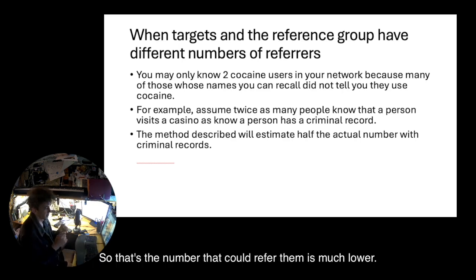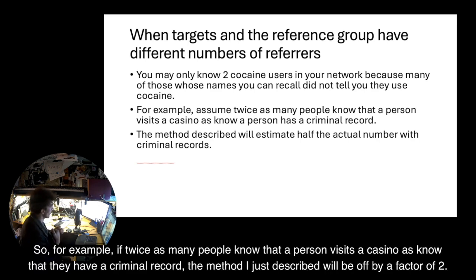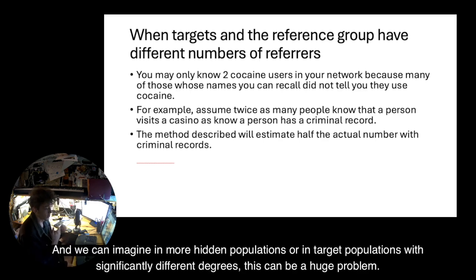So the number that could refer them is much lower. For example, if twice as many people know that a person visits a casino as know that they have a criminal record, the method I just described will be off by a factor of 2.